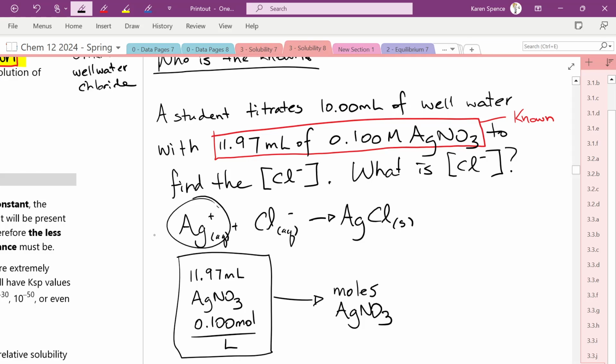You don't know anything about it? How many Ags are in AgNO3? One. So if you know the moles of AgNO3, you know the moles of Ag plus. So those are the moles of the known.